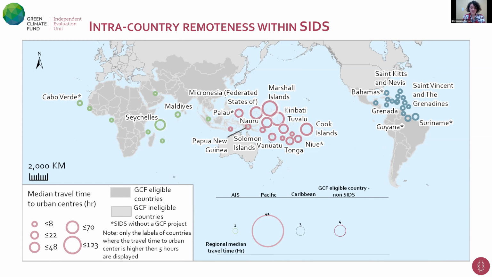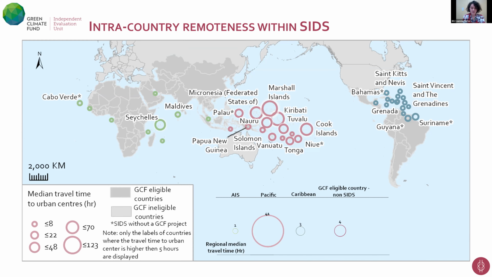In a project, especially with infrastructural components where materials have to be transported to the respective implementation site, with long travel time to reach the remote island, the project costs would increase significantly. Thus, such a factor could be an important aspect of designing a project or a determinant to accredit an entity when bringing forth a project to the GCF.